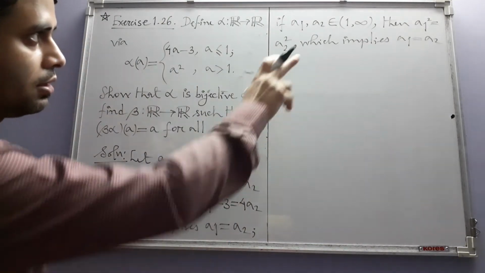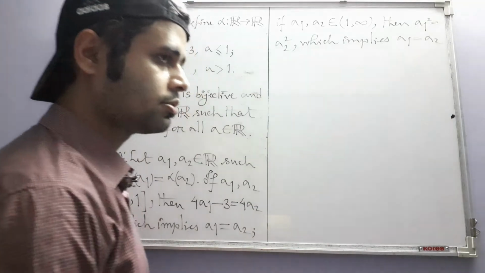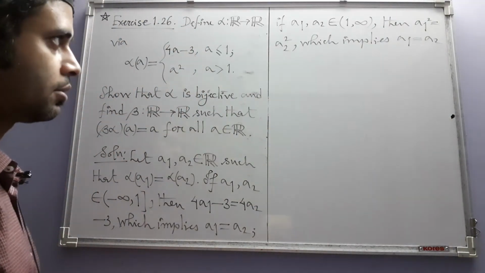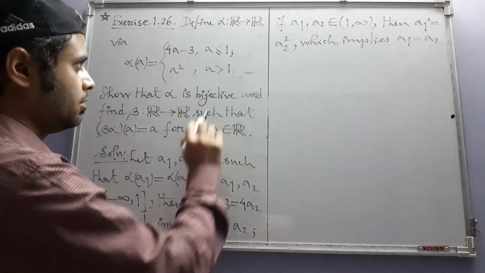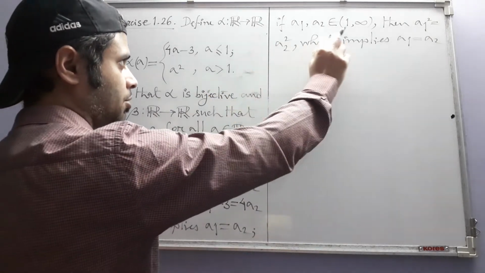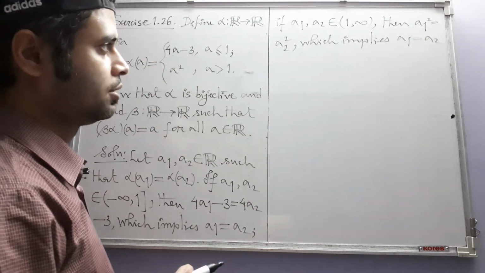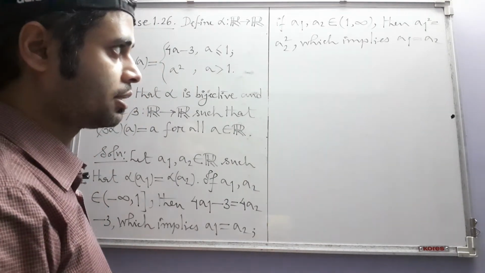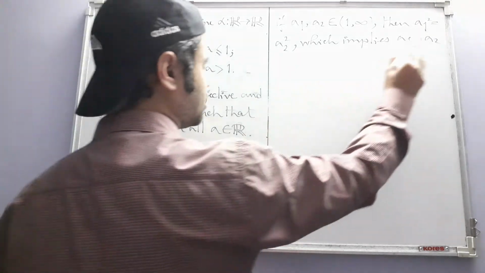But how are we able to write a1 equal to a2 so fast without thinking of anything else? You see, because a1 and a2 belong to this interval, both of them are positive. So we will not have a1 equal to minus a2. That possibility will not appear. And that's why we are having this.